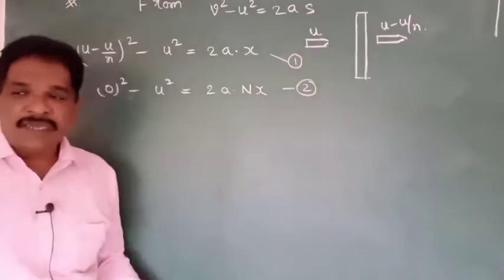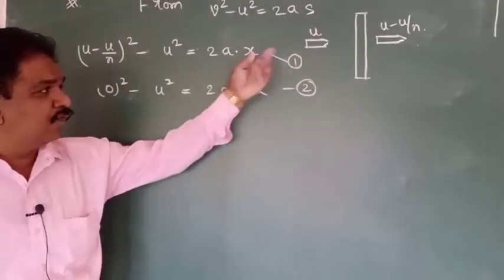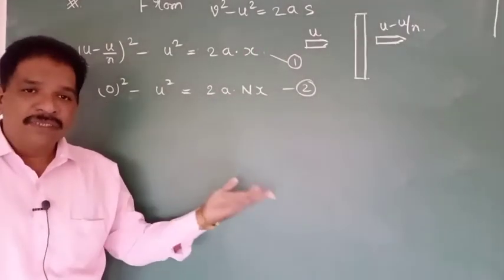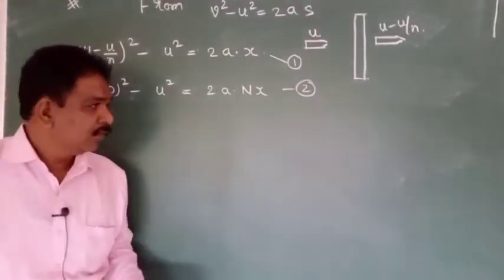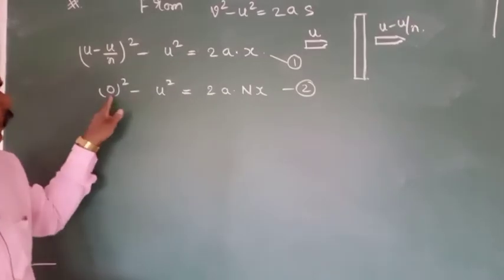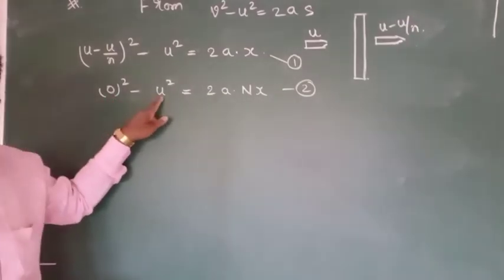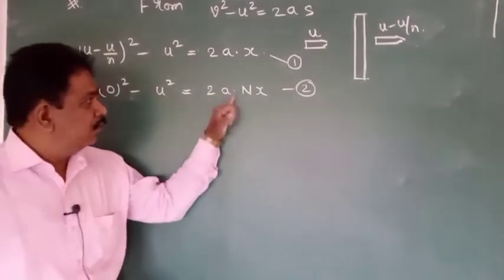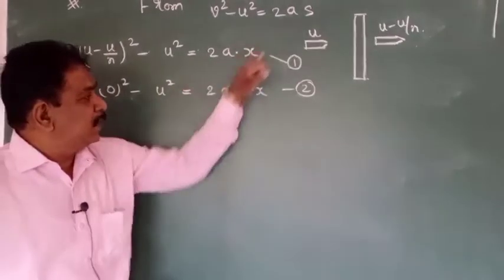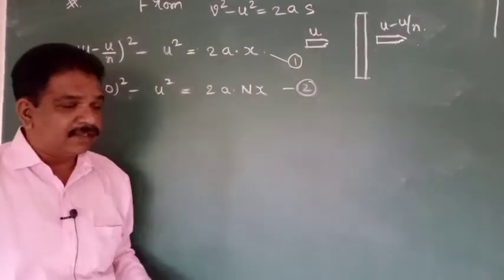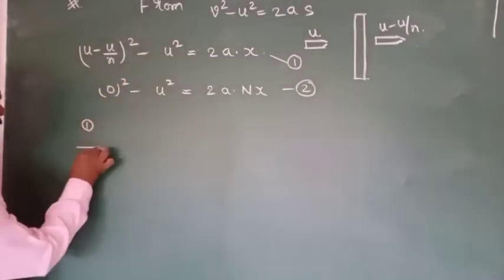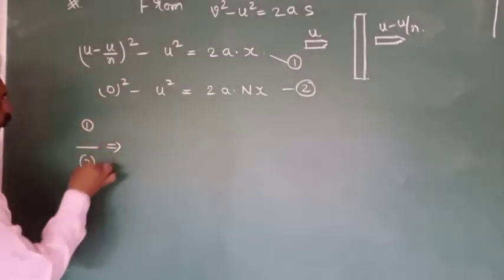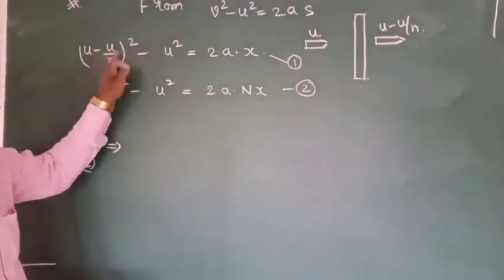I used capital N planks, 5 planks or 6 planks, such that finally it came to rest, so the distance we take is Nx. Divide these two.